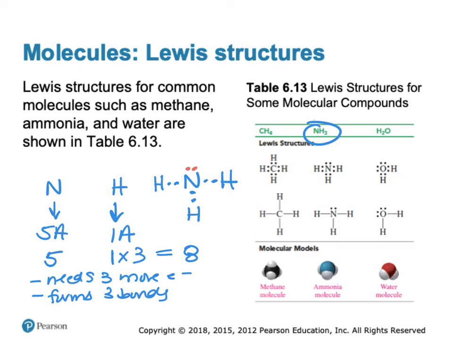Then we're going to count to make sure we haven't exceeded our total number of valence electrons, and we'll see 2, 4, 6, 8. The blue electrons are your bonding electrons. All right, so in a previous slide, we mentioned non-bonding electrons or lone pairs.